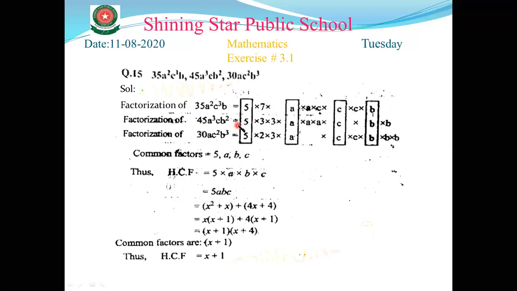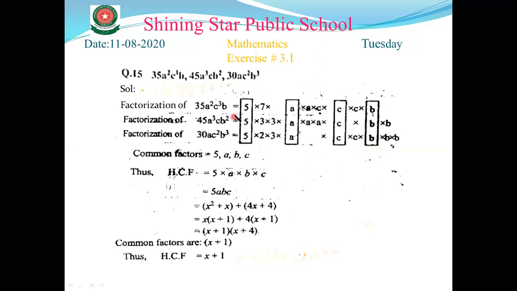Now 45 is 5 multiply 3 multiply 3. A cube means we multiply a 3 times, and c 2 times, and we multiply b. Here 30 means 5 multiply 2 multiply 3, because when we take the LCM, it becomes 5 multiply 2 multiply 3, a, c multiply c, b multiply b multiply b.